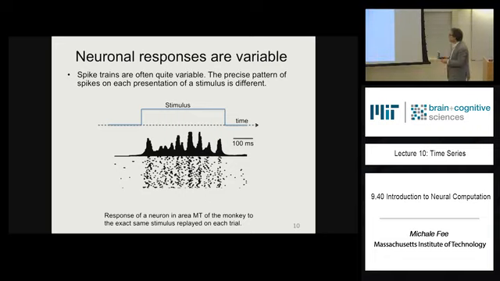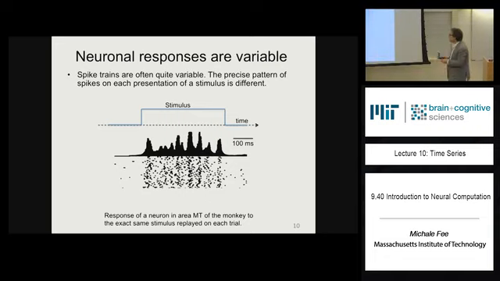So you have this sense that when you present the stimulus, there's some sort of underlying modulation of the firing rate of the neuron, but the response isn't exactly the same each time. There's some randomness about it.